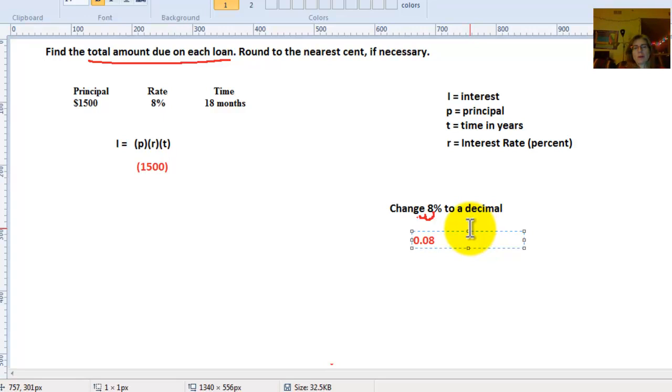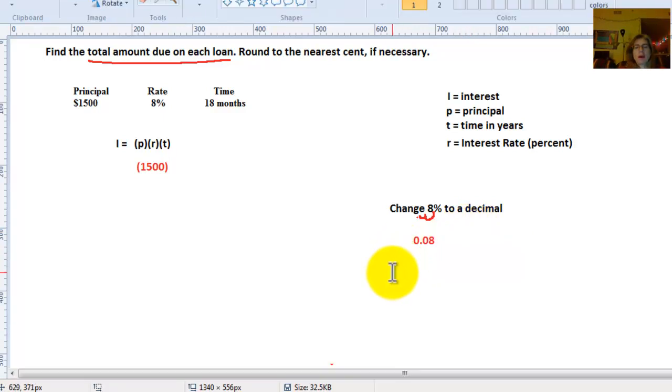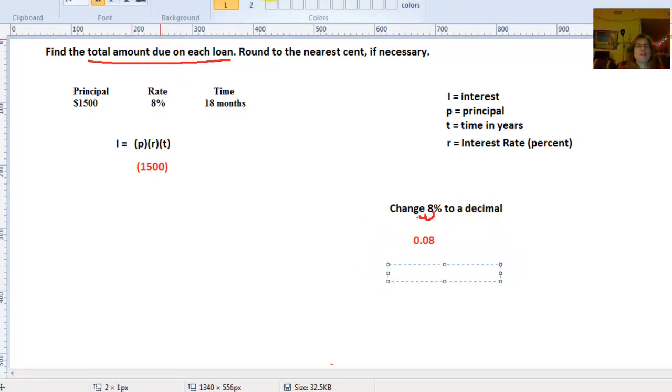That's pretty straightforward. Well, what about the case where you have to change 5 1/2%, say. What you have to do is you can't move a decimal over. There is no decimal until you change the fraction to a decimal, or you're really changing this mixed number to a decimal.